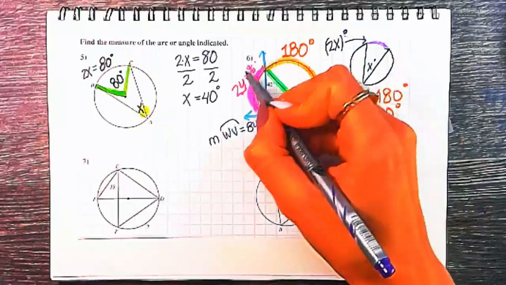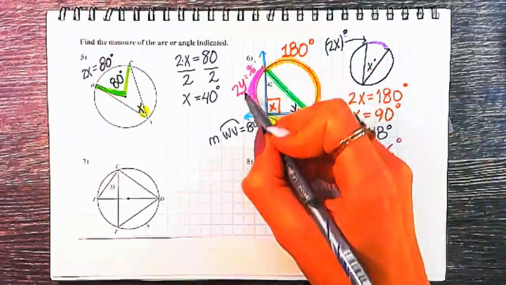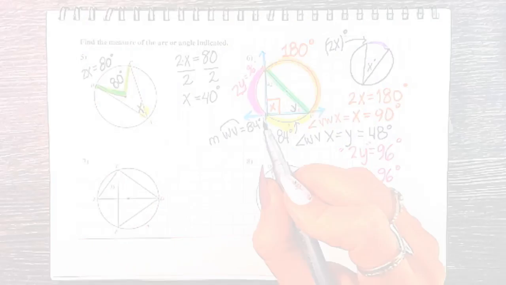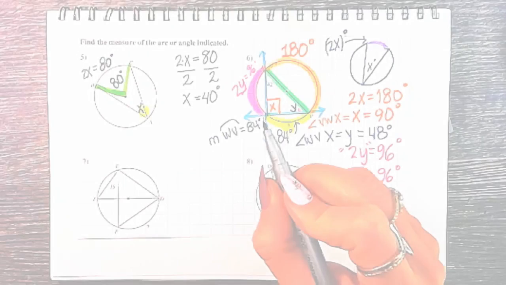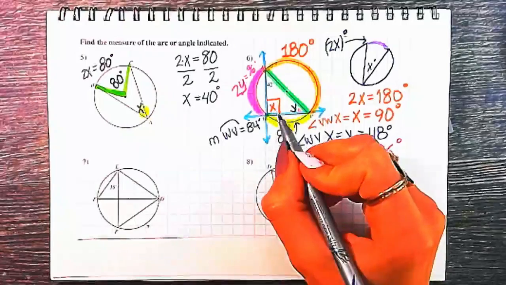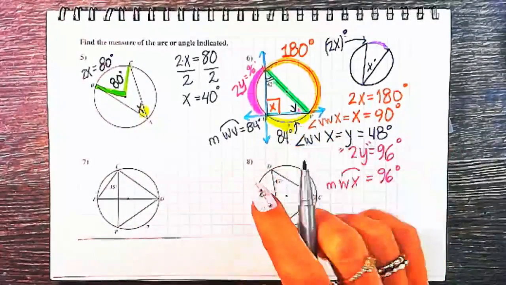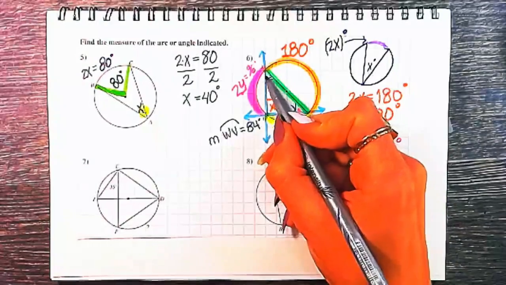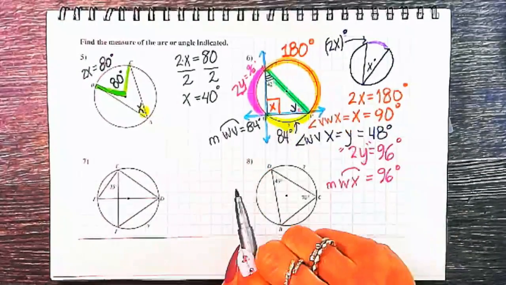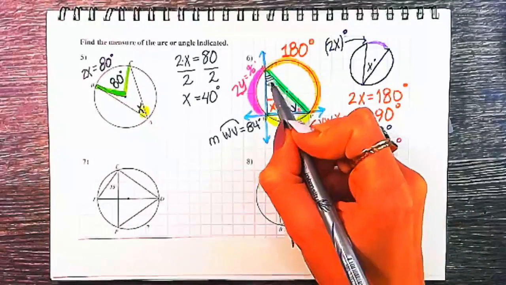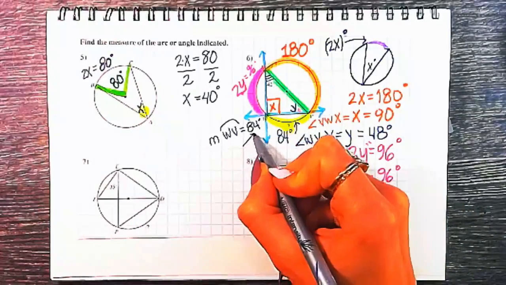I found that one by looking at the full 360 of measure around the whole circle. Or you can simply say from the very beginning that that arc measure will be double this inscribed angle of 42 degrees. So 2 times 42 is 84.